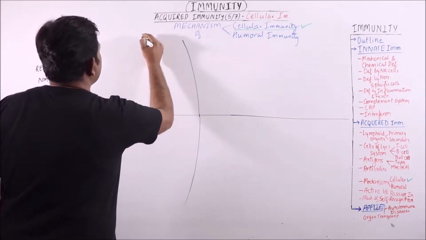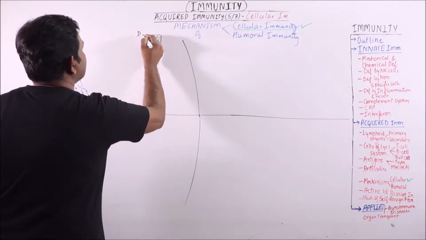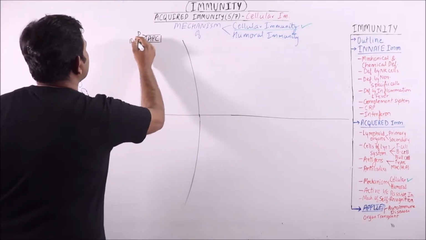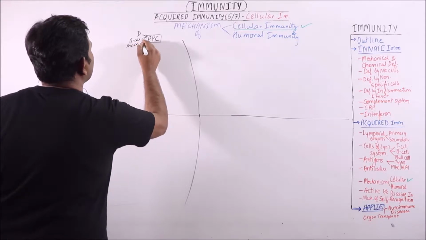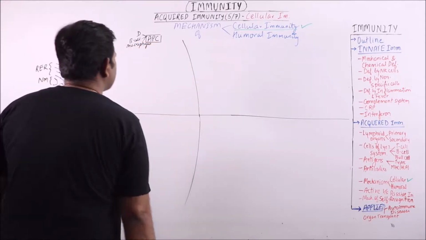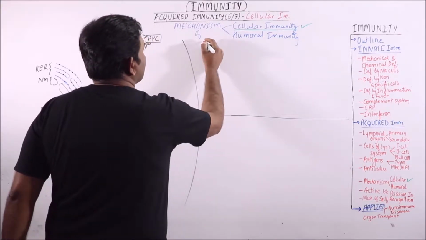Now this cell is an antigen presenting cell, like dendritic cells, like B cell, and like macrophages. Now this is an antigen.